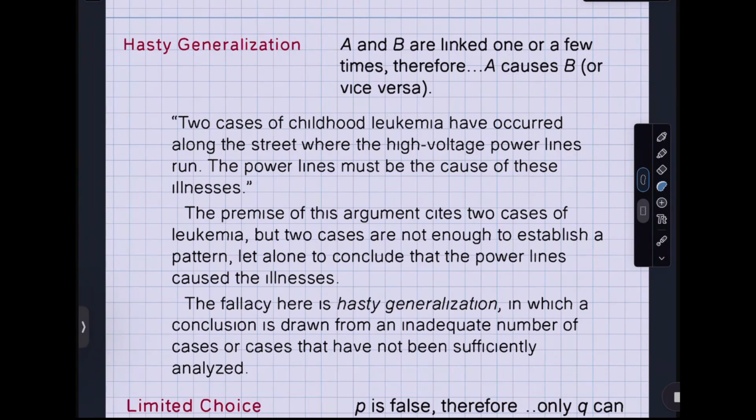All companies are going to say that, right? So if you read this right here, 2 cases of childhood leukemia have occurred along the street where the high voltage power lines run. The power line must be the cause of these illnesses, right? Chances are it is probably true, but they're going to say it's a hasty generalization.